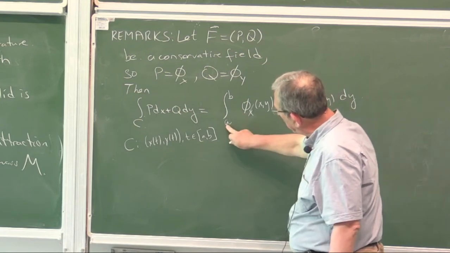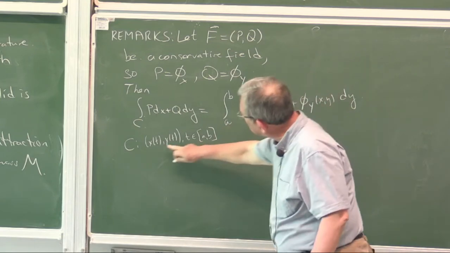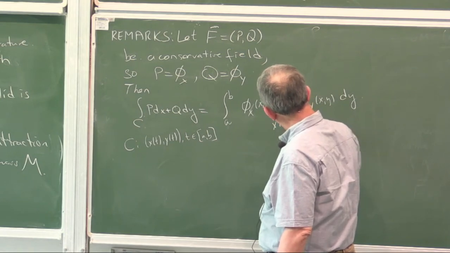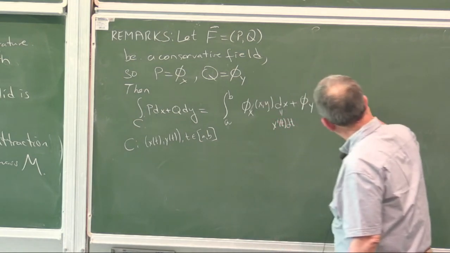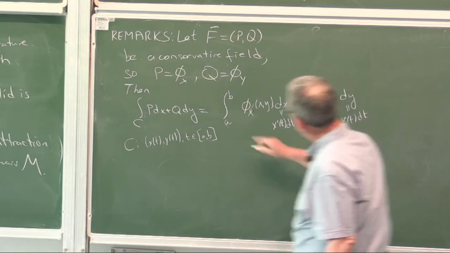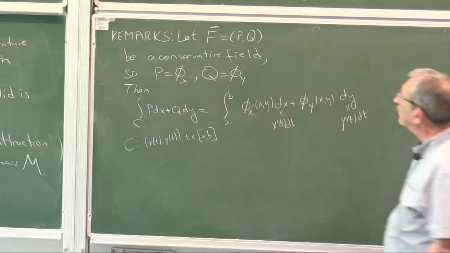But because we change it to t's, dx now becomes x prime t dt, and dy becomes y prime t dt, and we integrate from A to B.